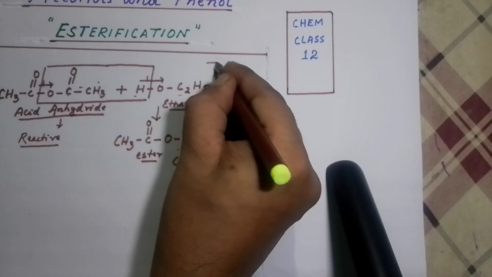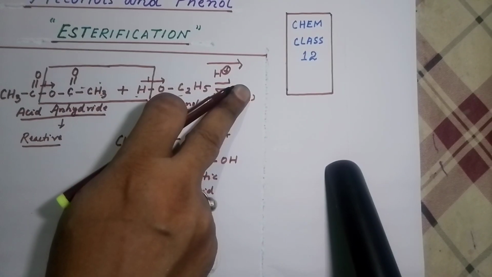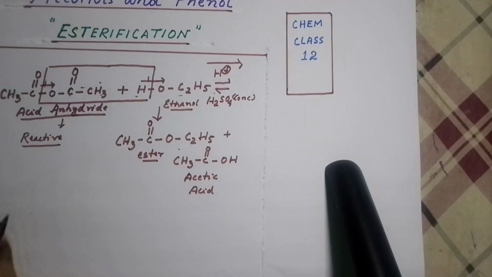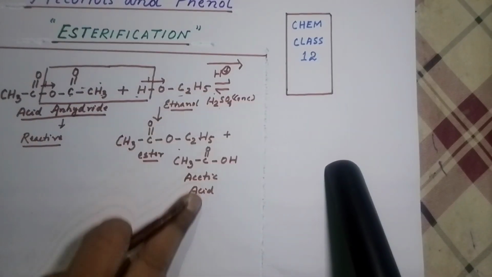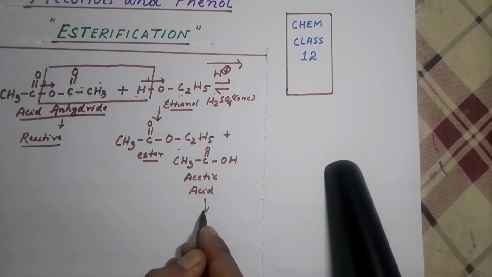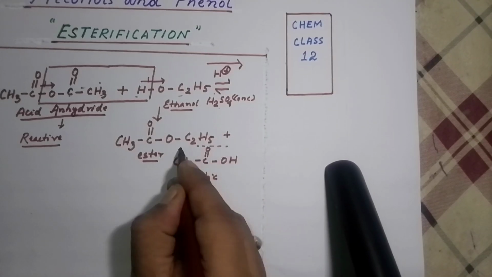So the direction of the reaction will move forward because of the presence of strong sulfuric acid. Please write this point. Okay. Now here what happens, when the forward reaction proceeds, acetic acid has to be thrown out from the solution. This acetic acid must not remain in the solution.